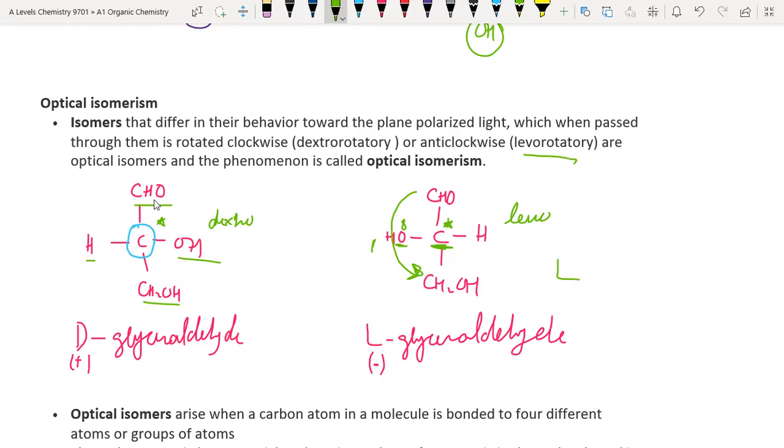If the structure is giving such type of rotation of the sequence, the last number is not counted in determining the sequence, then it would be D. Dextrorotatory.